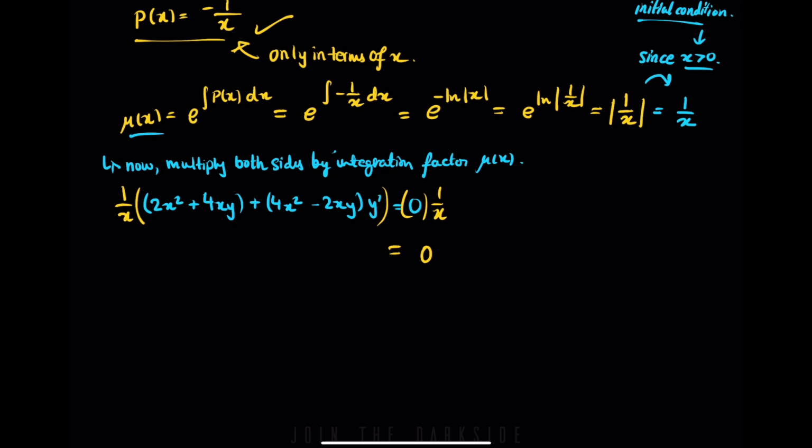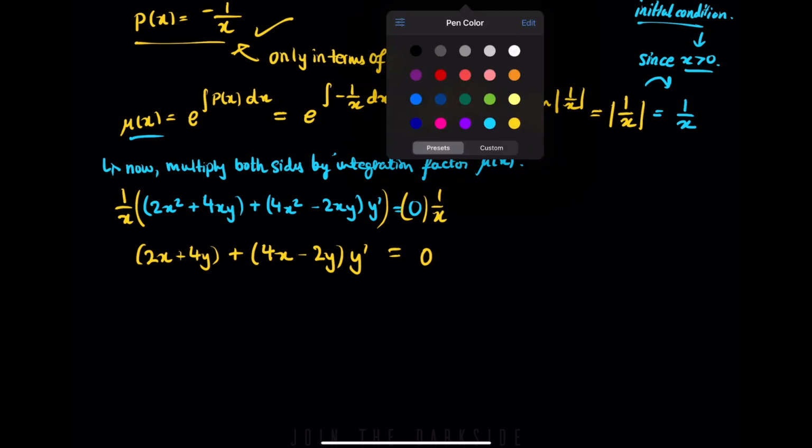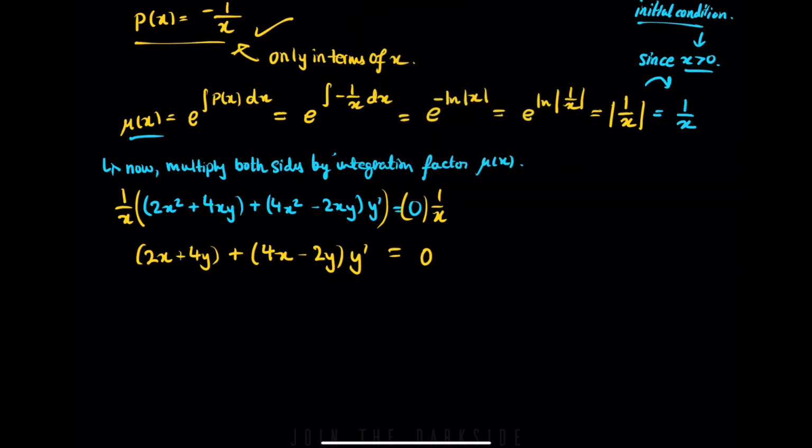Then we distribute the 1 over x, so that's going to be 2x plus 4y, and then 4x minus 2y, y prime. Now this guarantees that this will be an exact equation, but for the sake of completeness and trying to be thorough, we will run the test for exactness again.